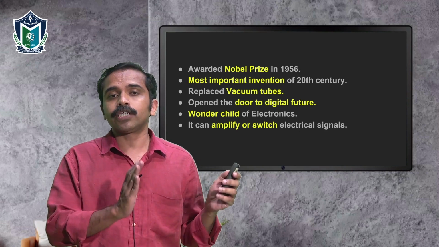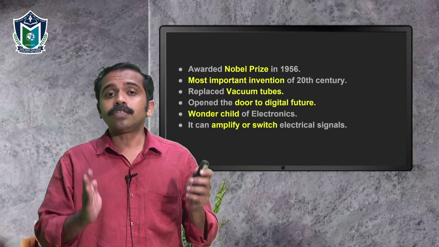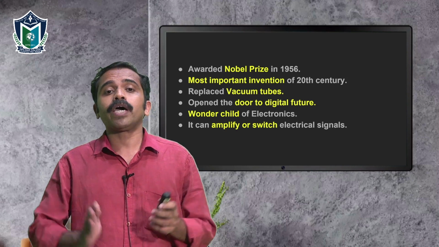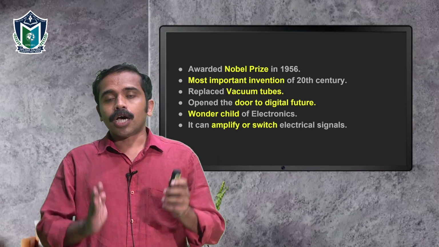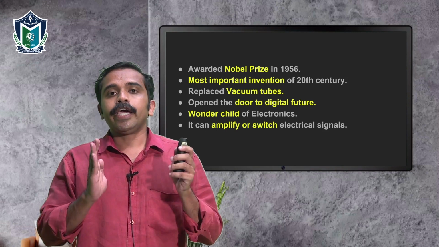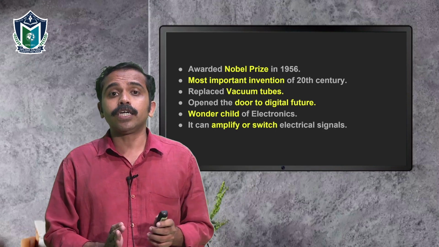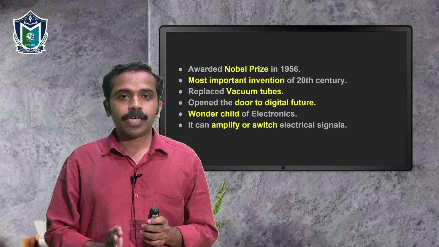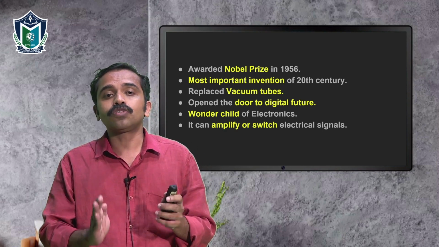ENIAC means Electronic Numerical Integrator and Computer, and it tells us the story of the disadvantages caused by vacuum tubes. This particular ENIAC was composed of 18,000 vacuum tubes. The space occupied by the ENIAC is almost 1,800 square feet. It is almost equal to the size of a large house nowadays.